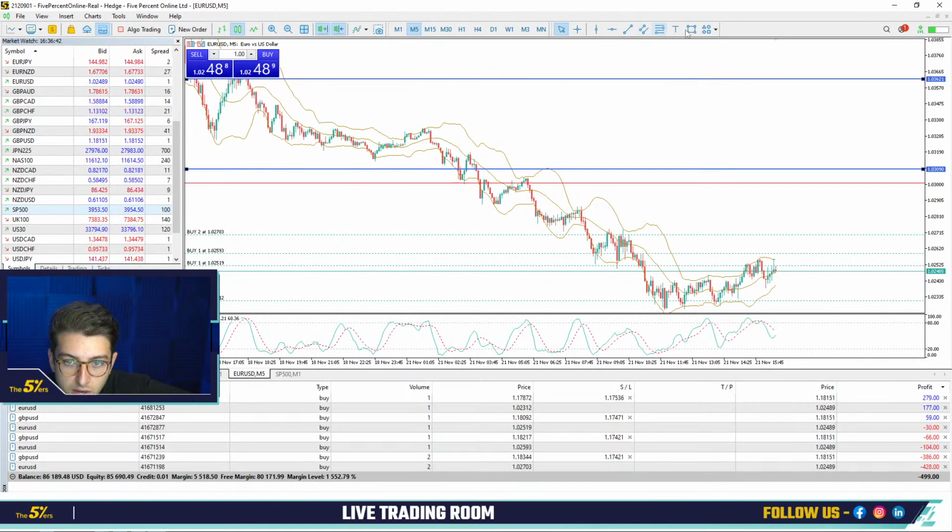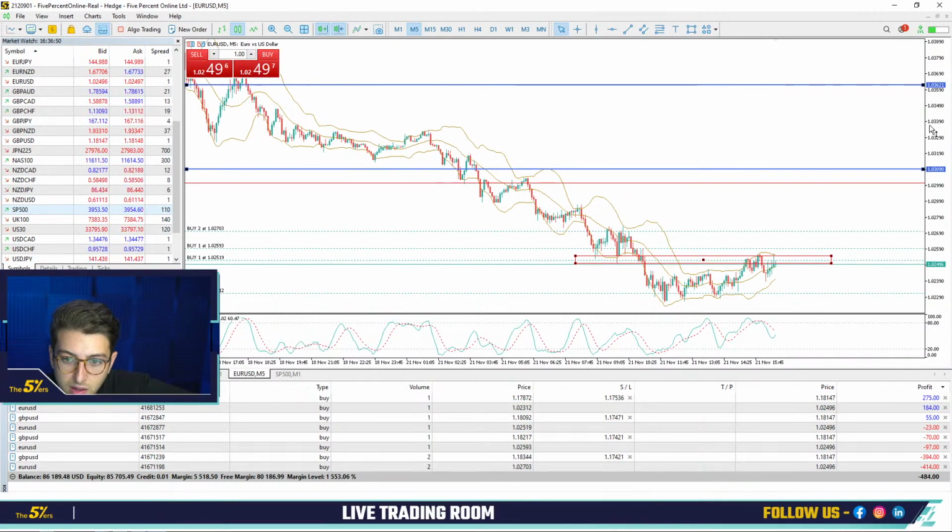Yeah, here the market is struggling to break this structure we have. I think when the market here will break, I will be able to wait for a rally and then maybe come back to this zone.